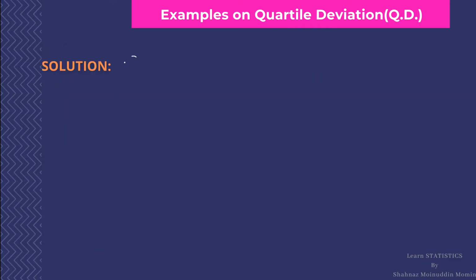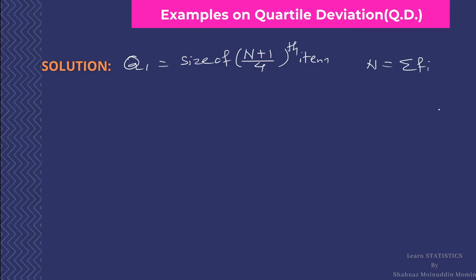To obtain Q1, the formula is Q1 is equal to size of (n plus 1) upon 4th item. In case of discrete data, n is equal to the sum of frequencies, that is in our case 69.